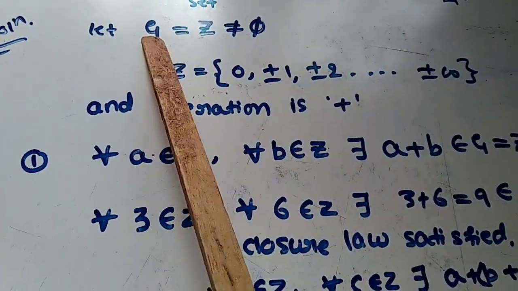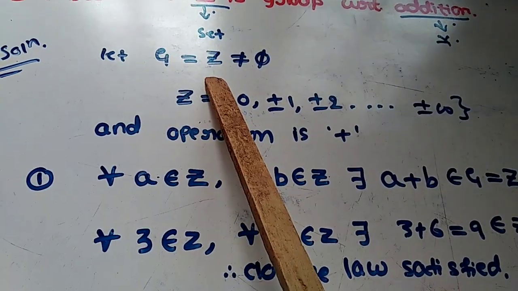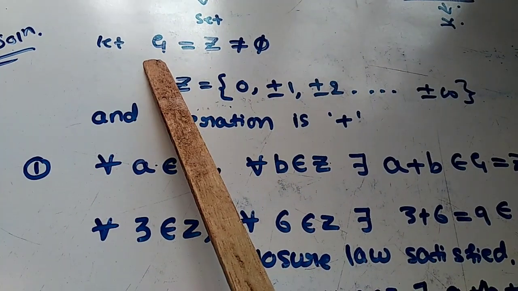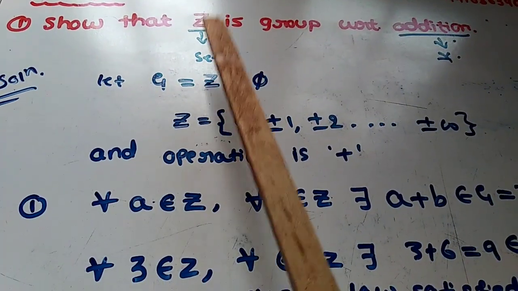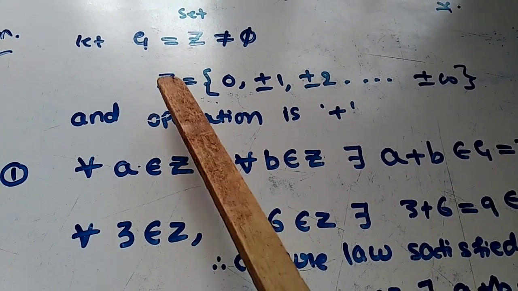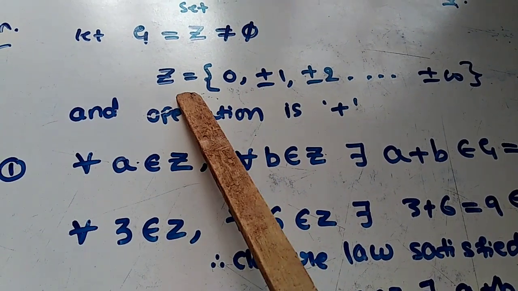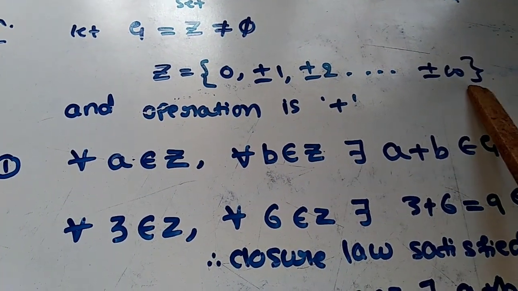Okay. So first here I am going to take G as any non-empty set. Okay, so Z is G. So what is our G? That is nothing but Z. Z means integers. So integers, the set having all these elements.